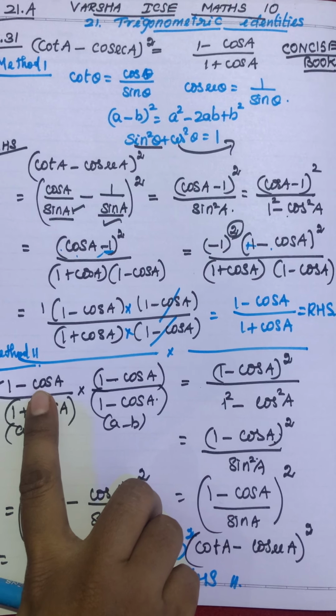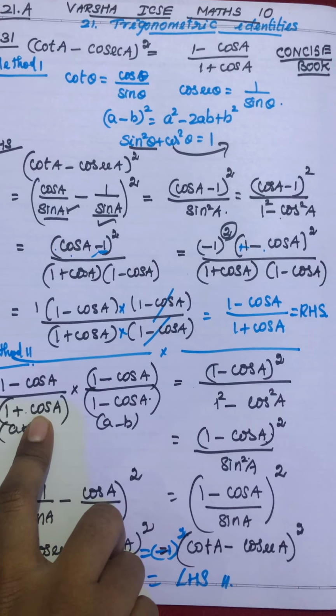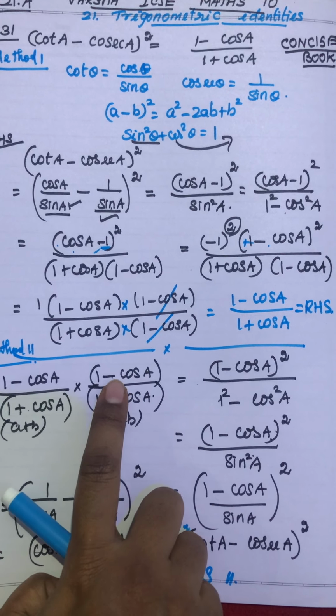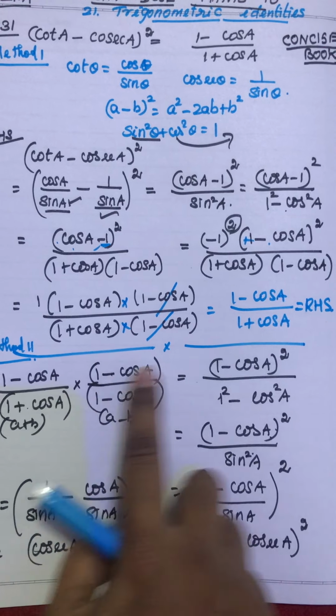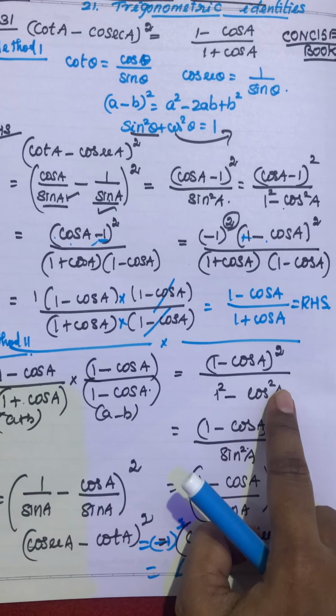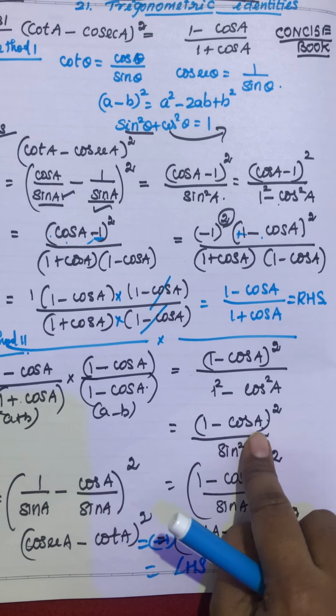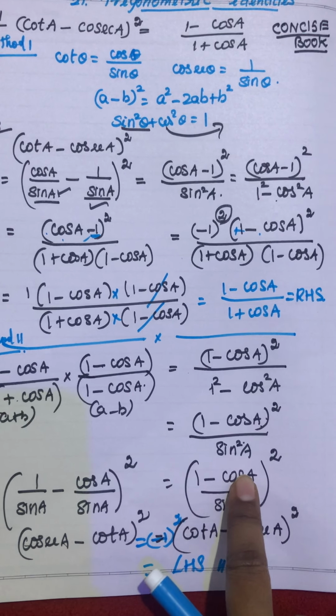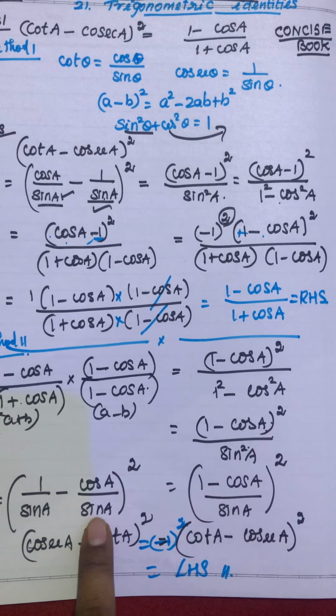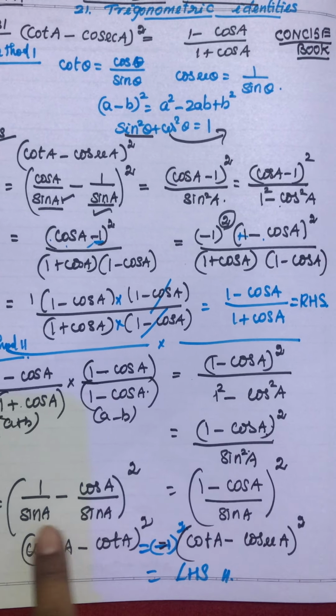So this is (1 minus cos A) by (1 plus cos A). We just multiplied by (1 minus cos A) by (1 minus cos A). This is a square minus b square, so again we write sin square. In the numerator we have (1 minus cos A) the whole square, and in the denominator sin square.